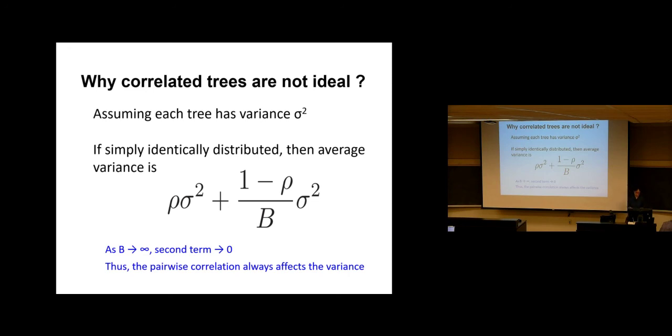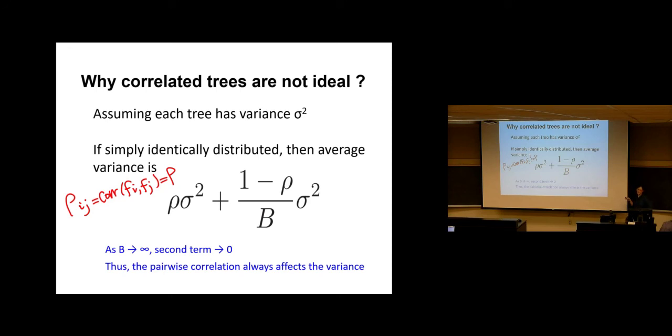But let's just assume all the possible rho ij, meaning the correlation between fi and fj, all equal rho. And then this is the variance of f, if you assume f equals 1 over B times a summation of f_i(x).